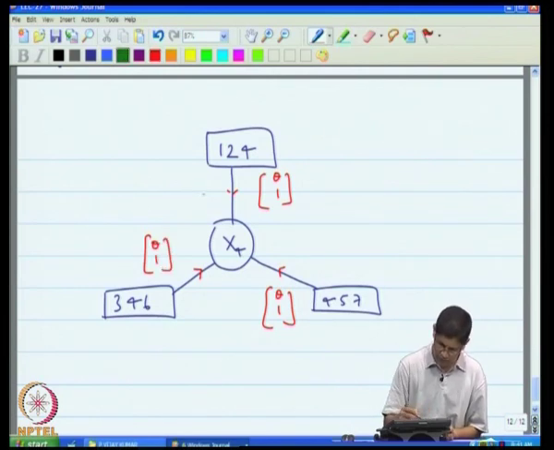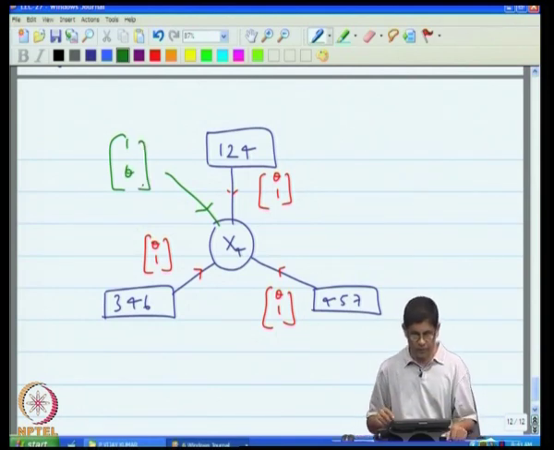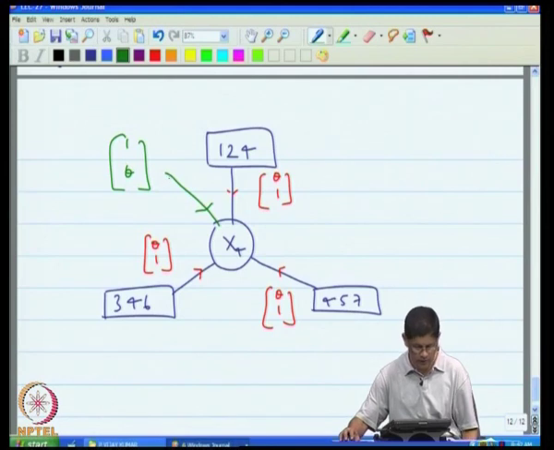Your local kernel, however, is 1 theta. So, the way you should interpret this is that it is saying that the local kernel seems to suggest that you are more likely to be a 0, okay, because this number is larger. However, the messages that are coming in from all these check nodes tell you otherwise. They are telling you are more likely to be a 1, okay, and there are 3 of them.